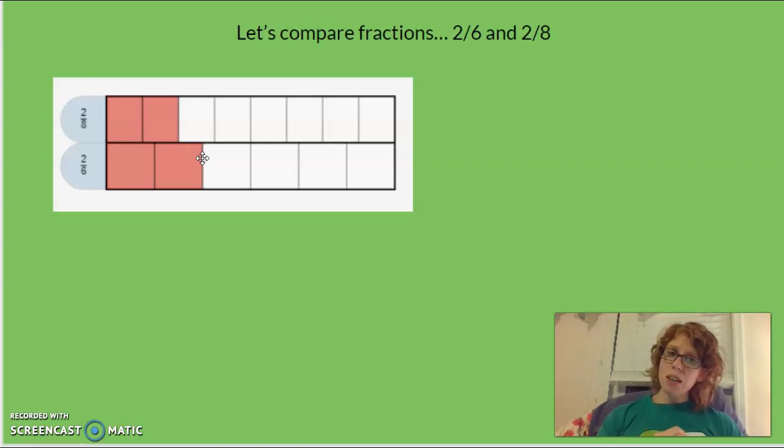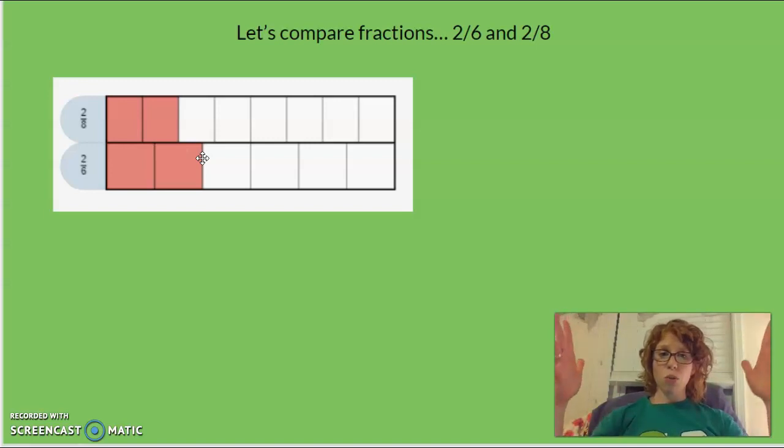That might seem weird because 8 is bigger than 6, but think of the whole unit of fractions. These fractions are in one unit, they are the same size, and 2/8 is broken up into 8 pieces. So there's less room for each piece. And 2/6 is cut up into fewer pieces, so there's more room.